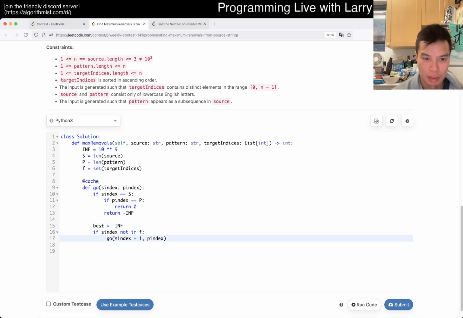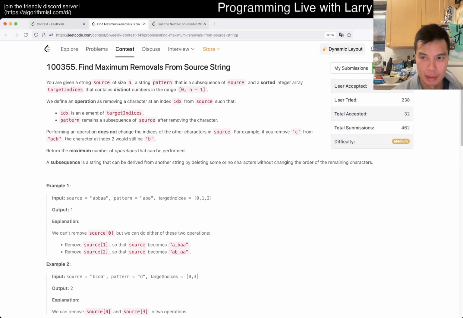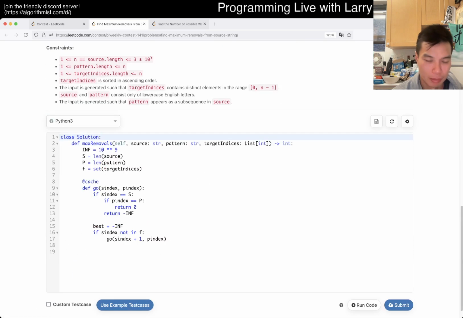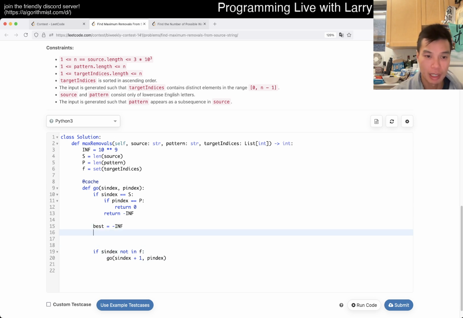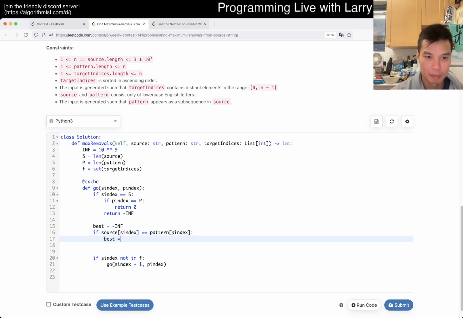Okay, so then now think about the cases. I'm thinking way too slowly. I should do this faster, honestly. Okay, because you got this now, Larry. So if source of S index is equal to pattern of P index, then we're good at matching at 1. So let's match this one.